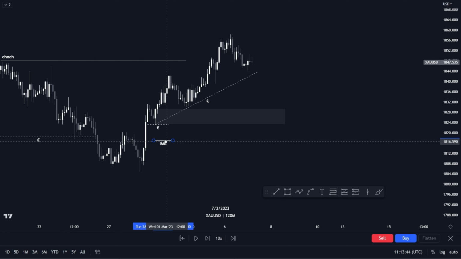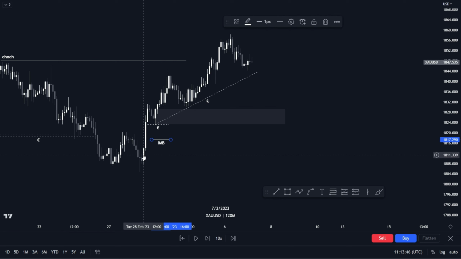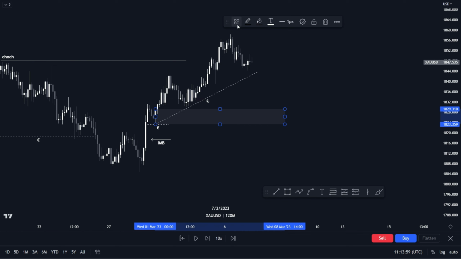We have imbalance here. As you can see, we have IPA, which means that there is inefficient price action here. Hence why this can act as a liquidity inducement trap.